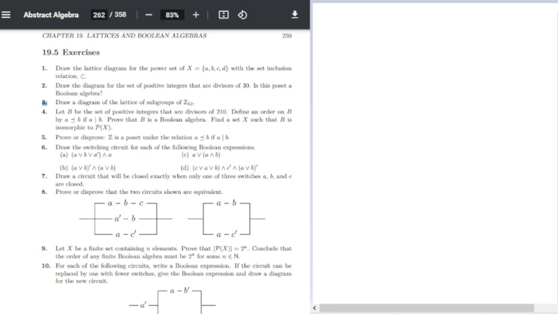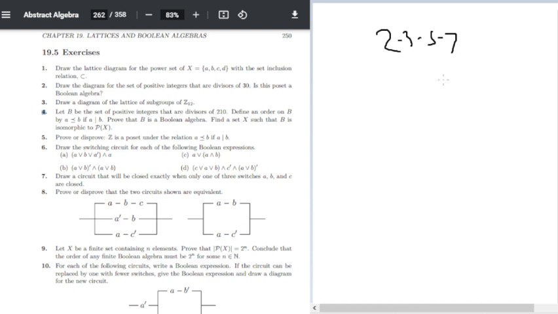Anyways. Let B be the set of positive integers that divide 210. Give me a second, I'm not cheating right now, I'm just checking the factorization of 210. Alright, the prime factorization of 210 is 2 times 3 times 5 times 7. Let me double check that's right.